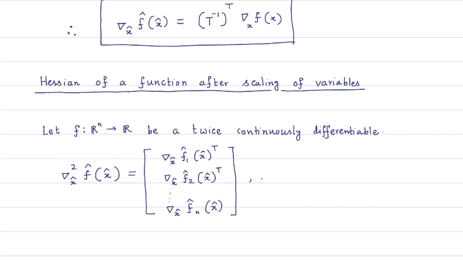this vector, where the function f i hat at the point x hat is the partial derivative function of the function f hat with respect to the variable x i hat.